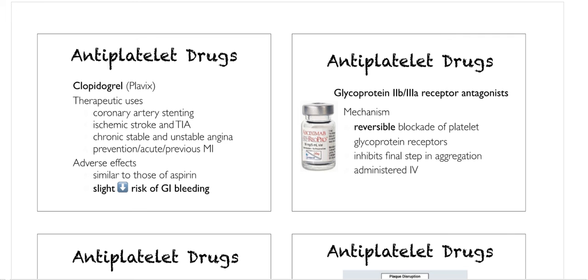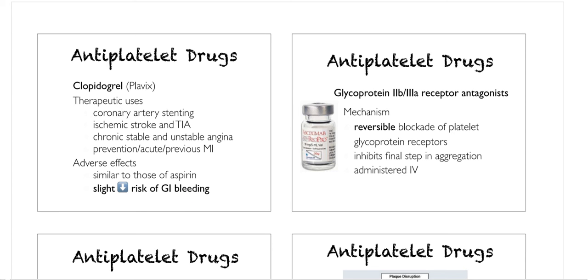We're going to be using it for virtually the same kinds of problems: coronary artery stenting, TIA, stroke, stable and unstable angina, and for MI. The adverse effects are very similar to aspirin, but the difference between clopidogrel and aspirin is that we have a slight decreased risk of GI bleeding.